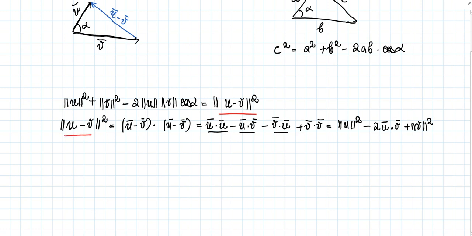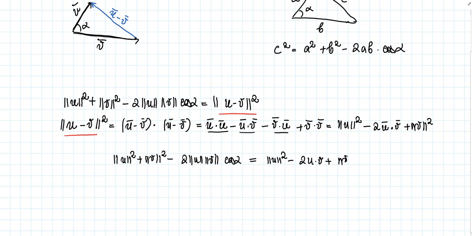From another point of view, the norm of u minus v in the square is equal to this expression, right? So it means that they are equal. So let us equalize them, and let's see what we can get. So the norm of u in the square plus the norm of v in the square minus 2 norm of u, norm of v, cosine of alpha is equal to the norm of u in the square minus 2 u dot v plus the norm of v in the square, right?